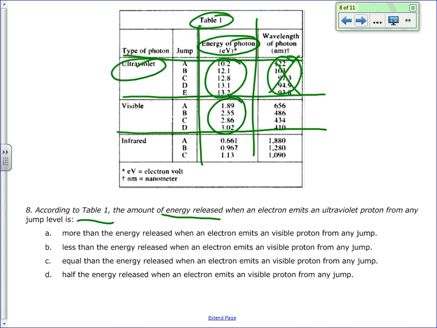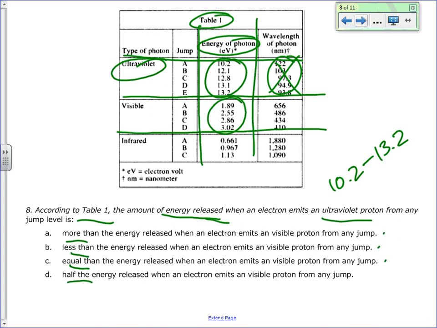So now again, you could do it just like before, and write your numbers in, except this time you have a range. The energy released from an ultraviolet has to be somewhere between what? What's the lowest energy from an ultraviolet? 10.2. And what's the highest it could be? Yeah, so we're looking at a number somewhere between 10.2 and 13.2. And then again, we're comparing it: more than, less than, equal to, half of.